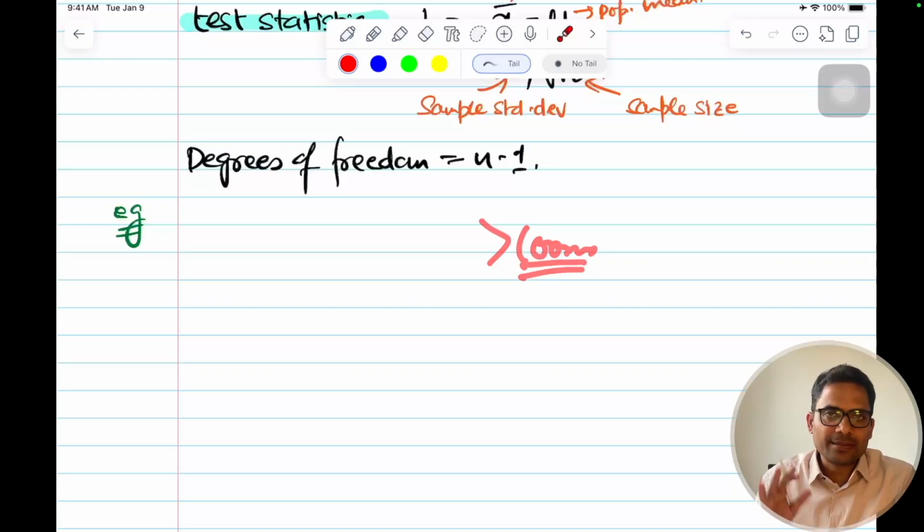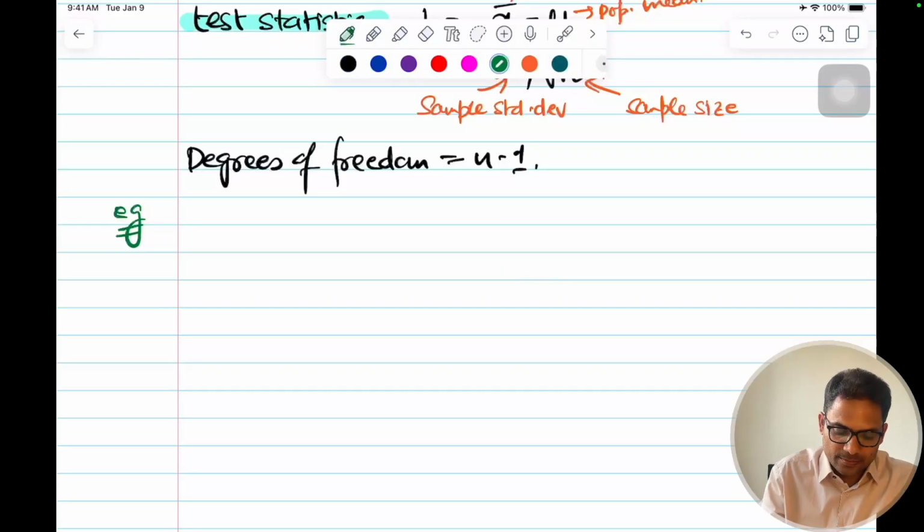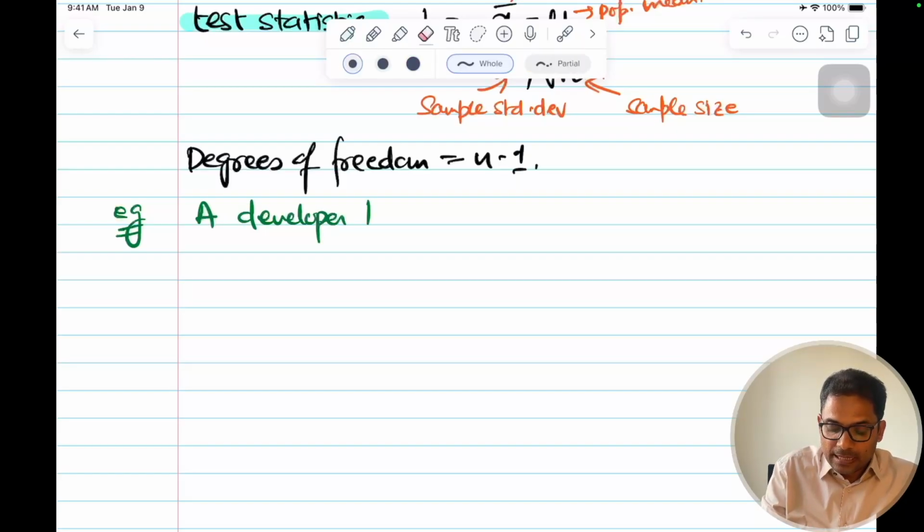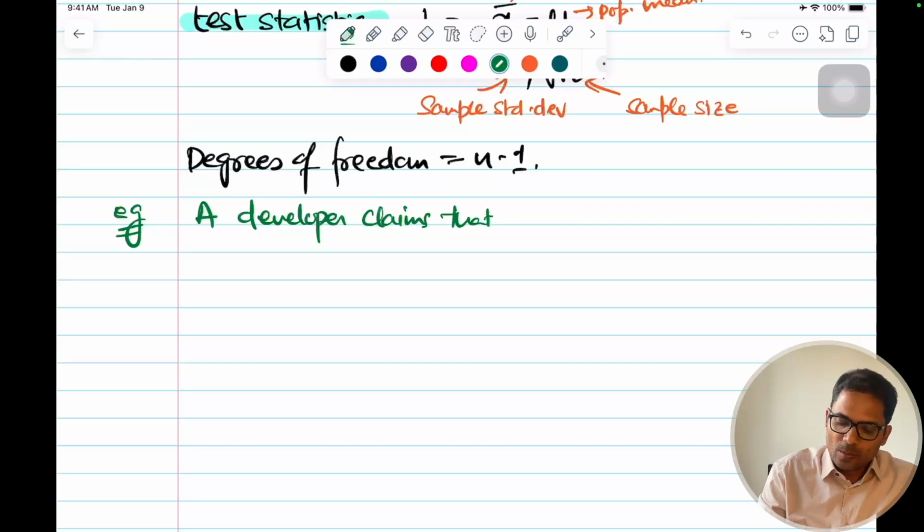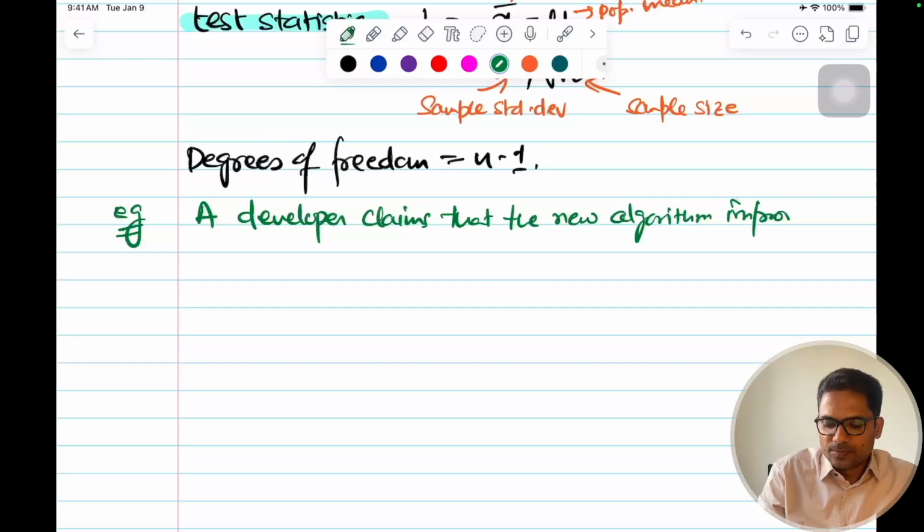So a developer has developed and the tester is testing. So what is the problem? A developer claims that the new algorithm, whatever he has done, improves API response time by say 100 millisecond, on an average.